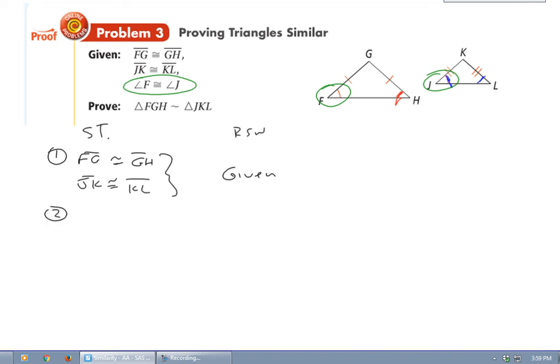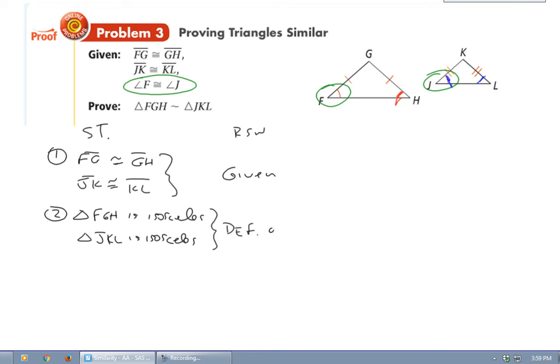Statement number 2. If this is the case, I can say that triangle FGH is isosceles. And I can also say that triangle JKL is isosceles. Right? What allows me to say that? Well, that's the definition of an isosceles triangle, right?